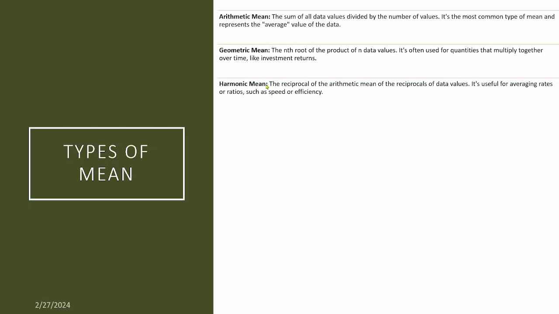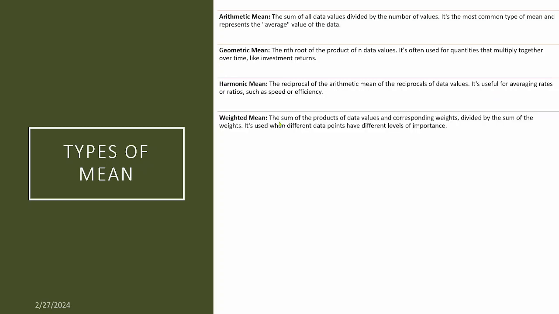Harmonic mean is the reciprocal of arithmetic mean. It is useful for averaging rates or ratios. So when you talk about ratios, then we use harmonic mean. We have another one, weighted mean, which means the data values coming from different sources have different weights. Applying the weights, and after that you simply do an arithmetic mean.